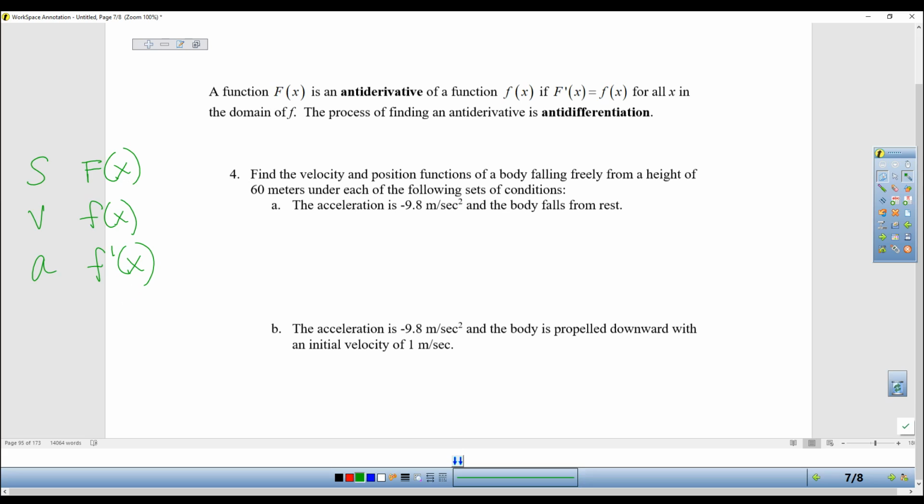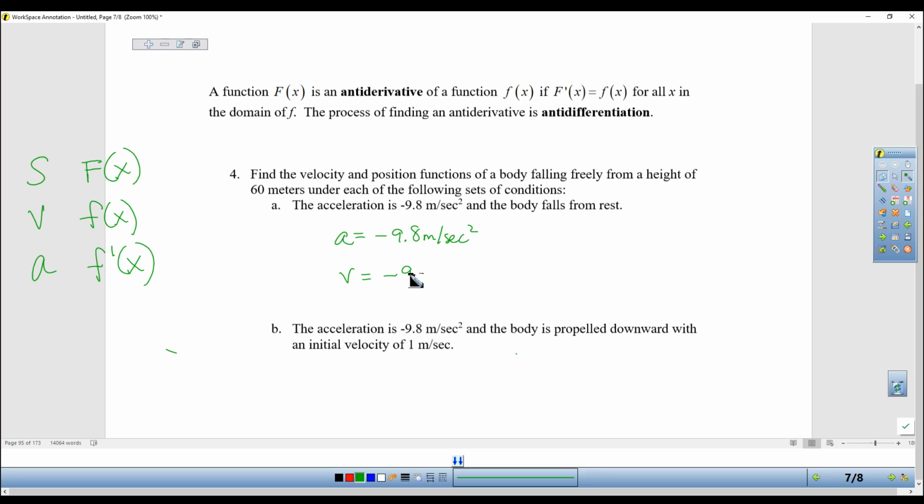And then they'll keep changing up all the names. So find the velocity and position functions of a body falling freely from a height of 60 meters under each of the following conditions. So look, they started with the acceleration. So here's the acceleration, negative 9.8 meters per second squared. If you want to know the velocity, what would the velocity have had to have been in order to get an acceleration of that?